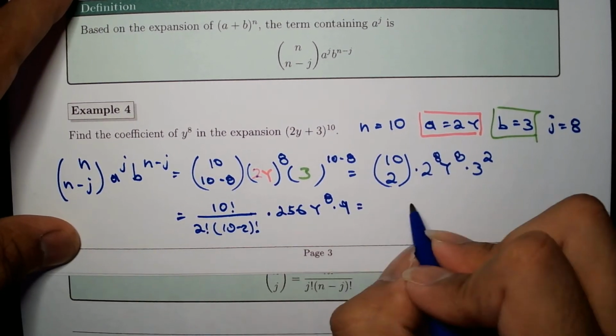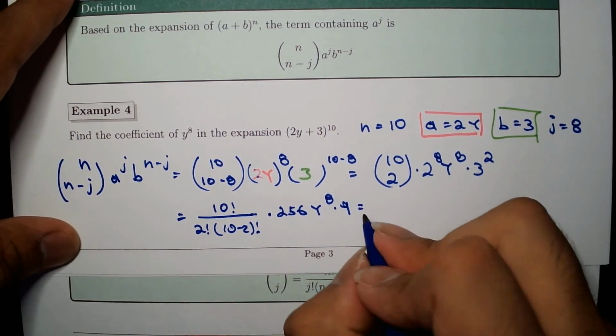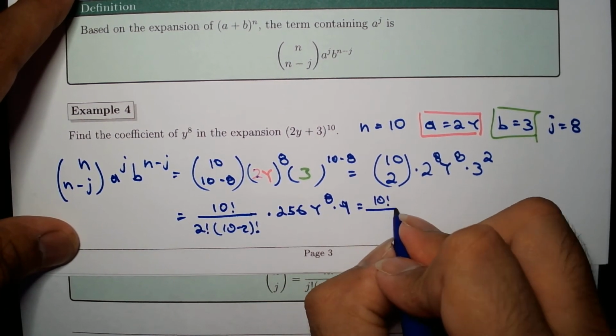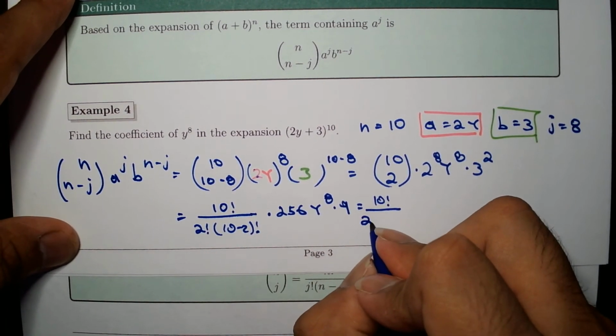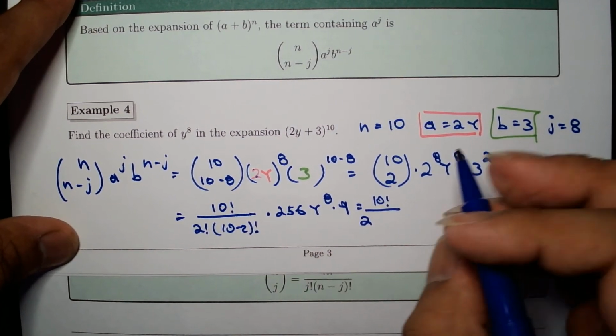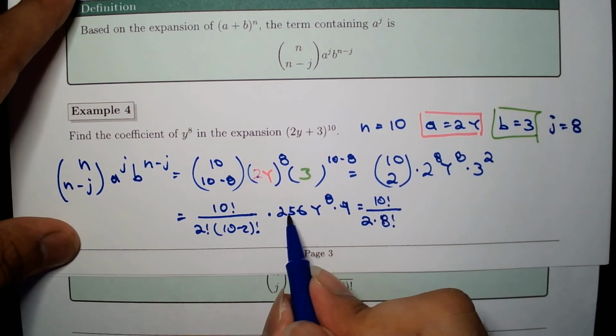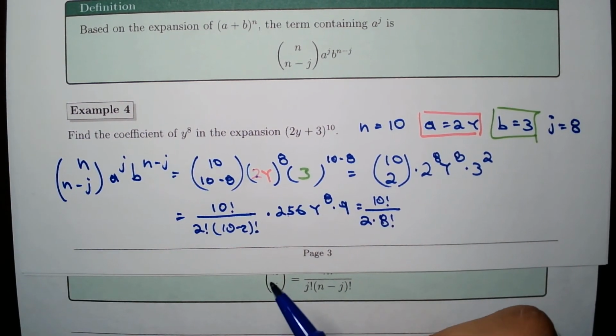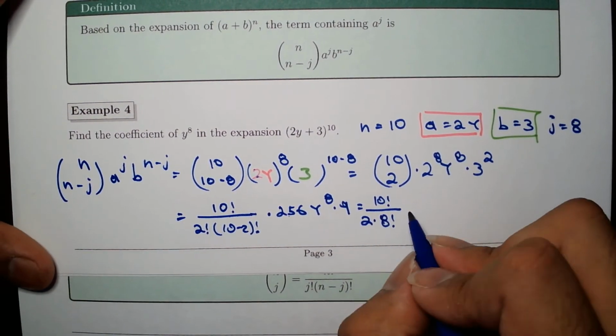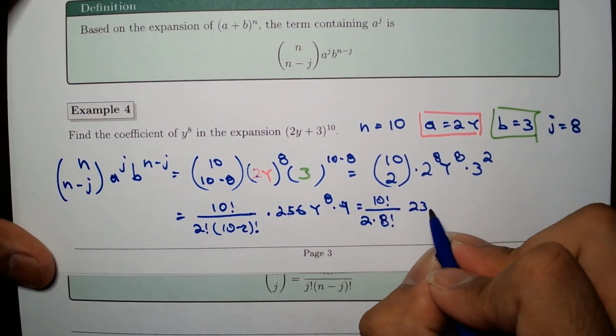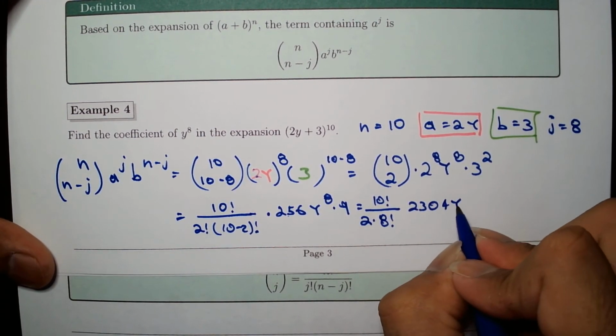Alright, so this is going to be 10 factorial divided by 2 factorial, which is 2, and 10 minus 2, that's an 8 factorial. 256 times 9, that's 2304 y to the 8.